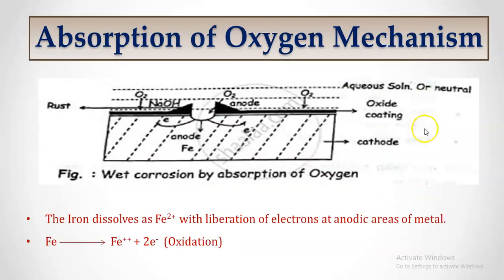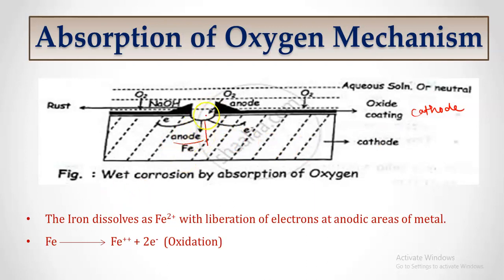Let us proceed further. For better understanding you can see the figure. This is a metal surface and here is the coated part, and if a crack is created here and it is filled with water and atmospheric oxygen, this oxide coating part acts as the cathode, while this cracked part acts as the anode.